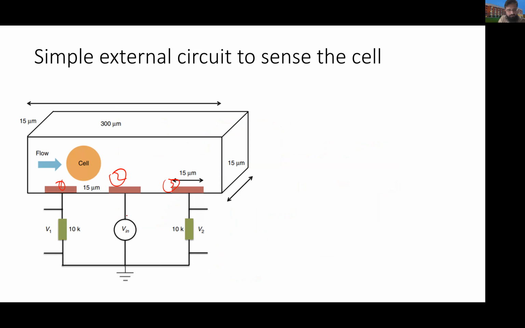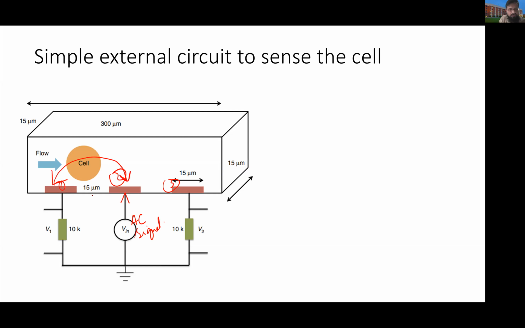In the original principle we saw that we have to apply an AC voltage. So we apply an AC signal to the middle electrode, and on the outer electrodes we are sensing the impedance between the electrodes.